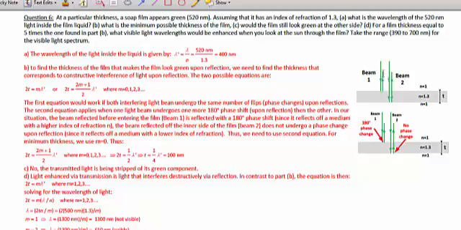Now the reflected beams, remember they are telling us the film appears green, so we are seeing it as green. The reflected beams are the beams where we notice an arrow pointing up. So there is this beam here and this beam here.